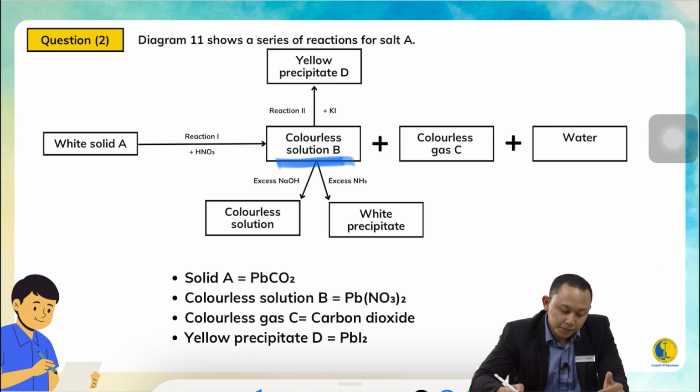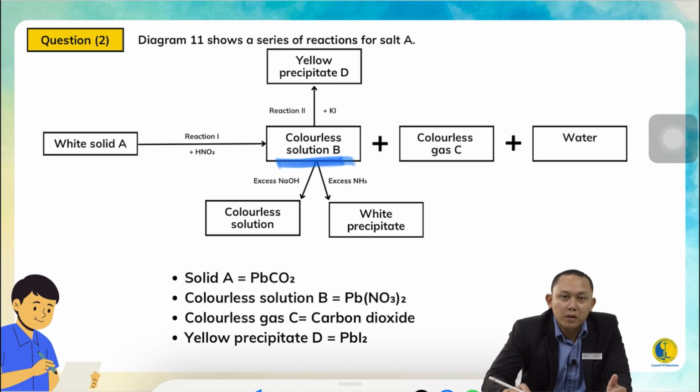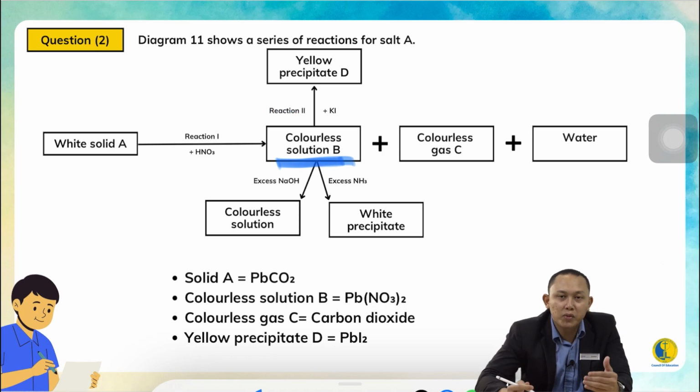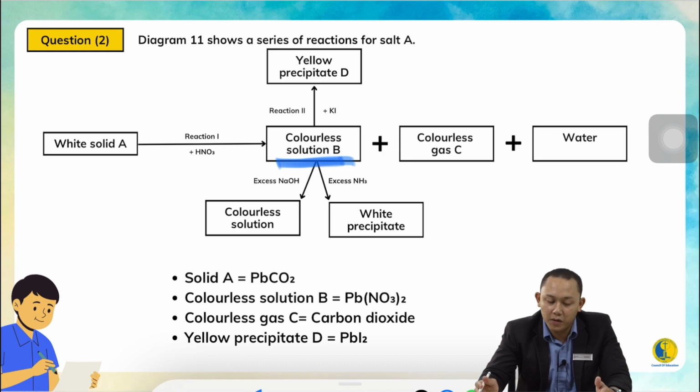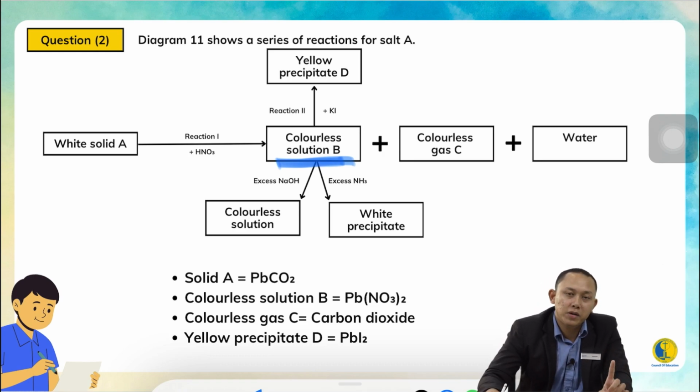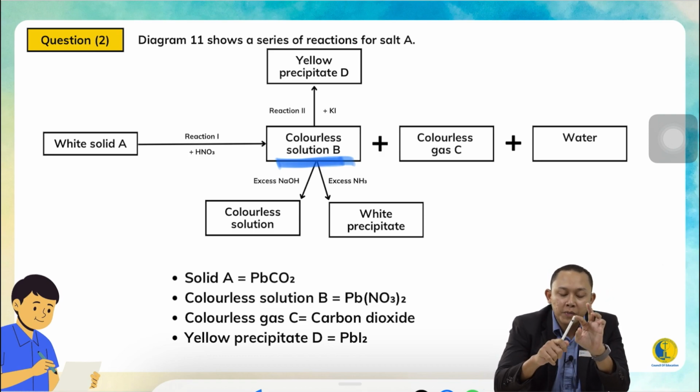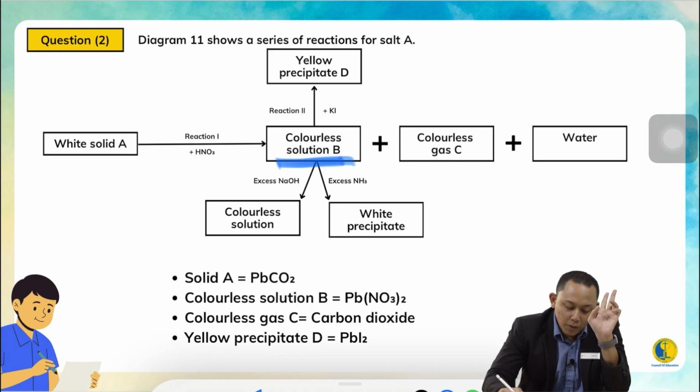Look at our most important point here, reaction 2. You react your colorless solution with potassium iodide. Remember the confirmatory test of the cation to determine two types of cation, lead and aluminium. When you react the colorless solution with potassium iodide, it forms a yellow precipitate.